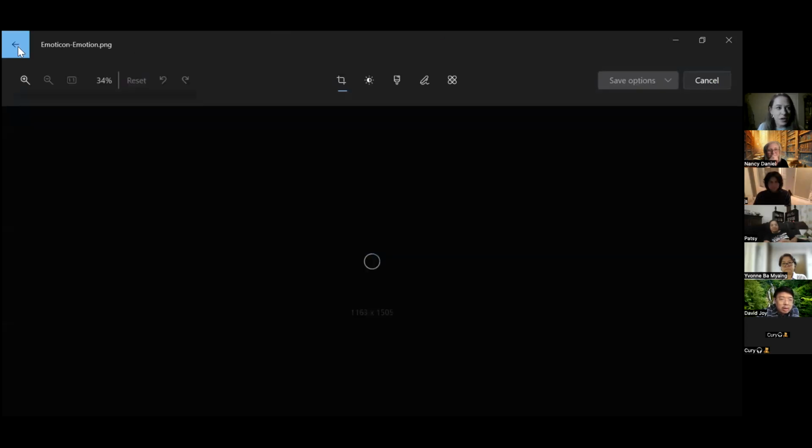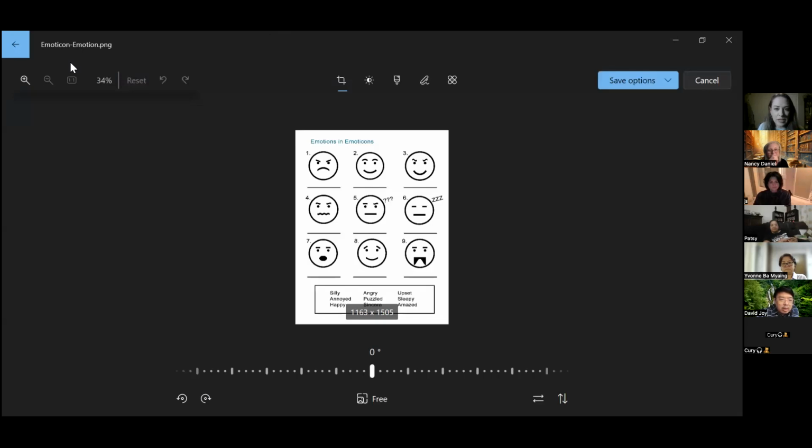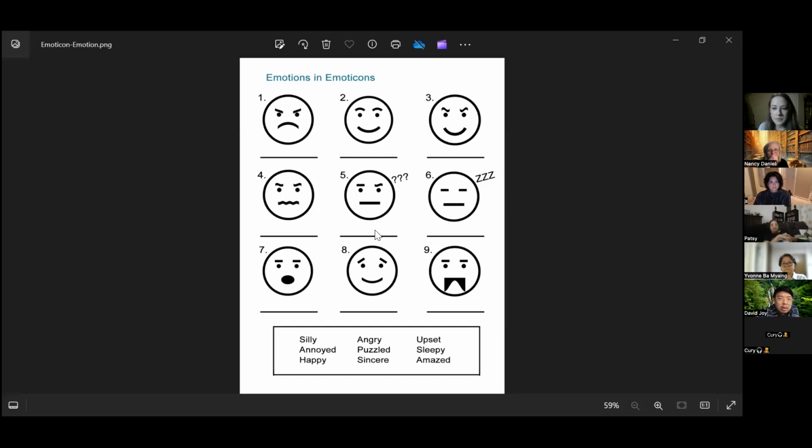Now you may want to put this in a PDF or something so that you can actually write on it. Again, I'm not the most tech savvy person here, but that's something you could do. It could also be really fun, as you're going through these vocabulary words: okay, angry goes with number 1. Everyone in class, make an angry face right now.